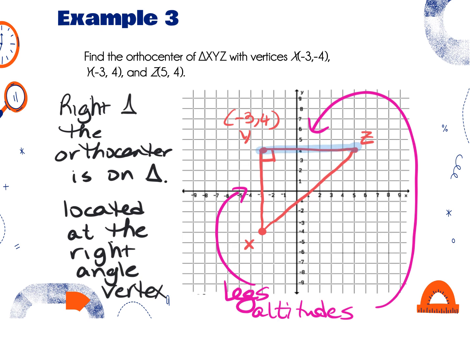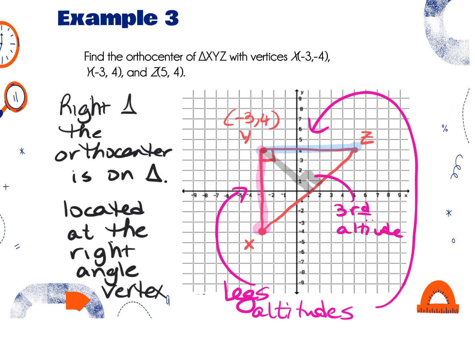And then I can also draw another one here. So these are two altitudes. The third altitude, I can draw the perpendicular segment coming out of that last vertex. This would be the last third altitude that's drawn here.